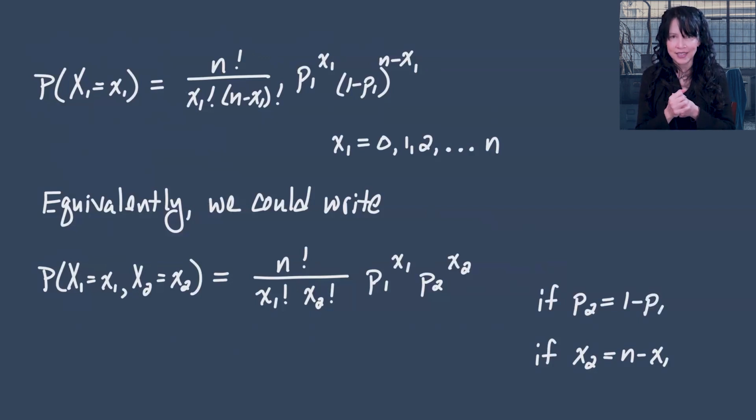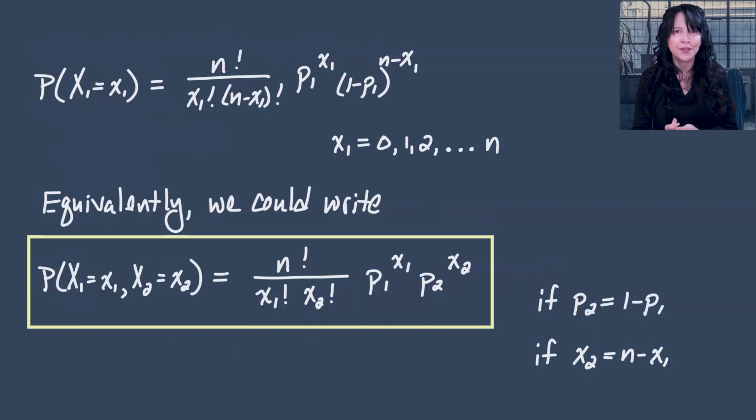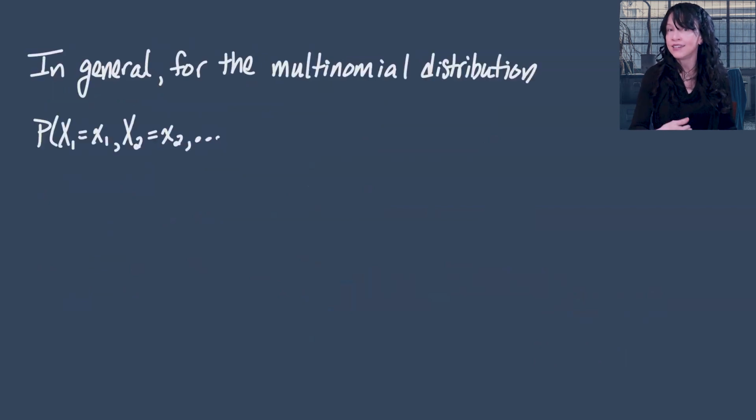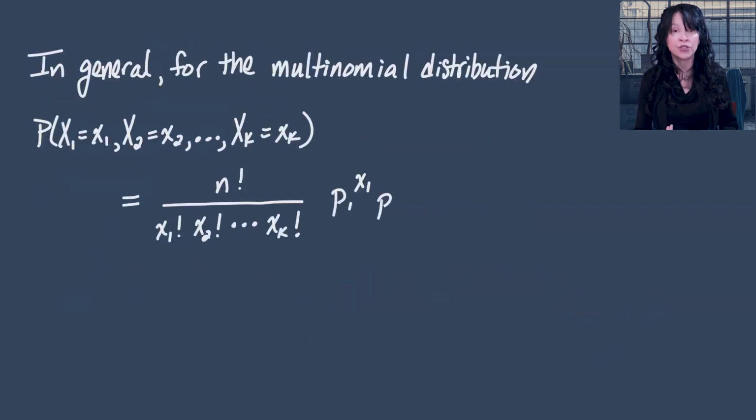And it is this version of the binomial probability mass function that I think is most useful in looking at the probability mass function for the multinomial distribution, which is more general. So in general, for the multinomial distribution, the probability capital X1 equals little x1, dot, dot, dot, out through capital Xk equals little xk looks like this. You could take it as a definition of the probability mass function for the multinomial distribution.